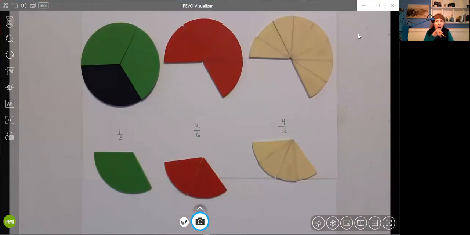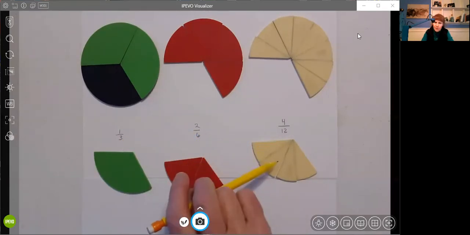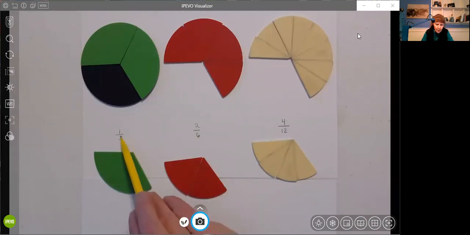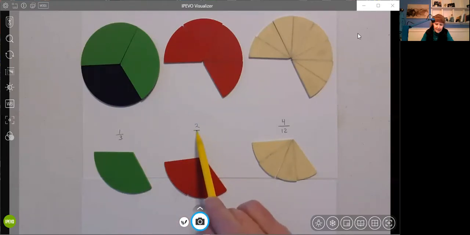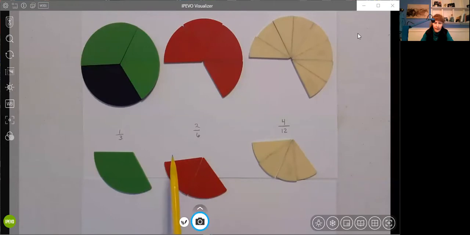Also, notice that bottom number. As the bottom number gets larger, the pieces get smaller because this represents how many you're dividing your whole into. I'm taking the whole and dividing it into 3 equal parts. But if I divide it into 6 equal parts, the parts need to be smaller because there's more of them.